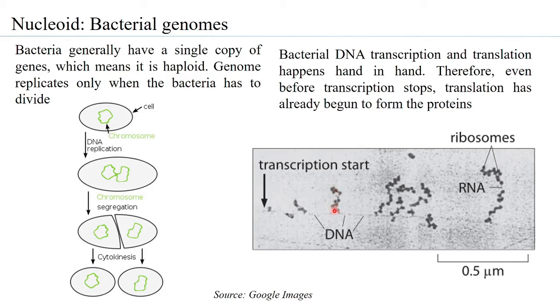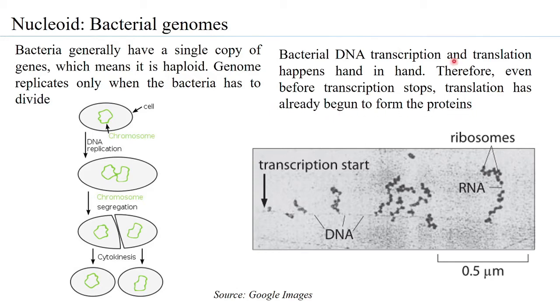which means that ribosomes have already come and attached to the RNA, and once they attach to the RNA, they start forming the proteins. Which means effectively that even before transcription stops, the translation by the ribosomes to form the proteins has already begun.